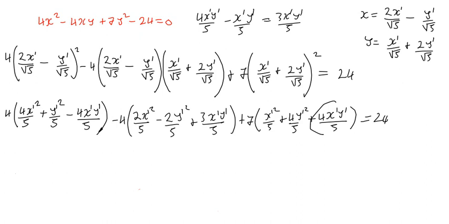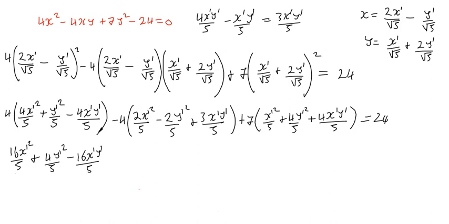If you observe, this one and that one are similar, just that this one has a negative because you had a negative there. Okay, so now you can expand them. So this is going to be 4 by 4, that's 16x prime squared divided by 5, plus 4y prime squared divided by 5 minus 16x prime y prime divided by 5.